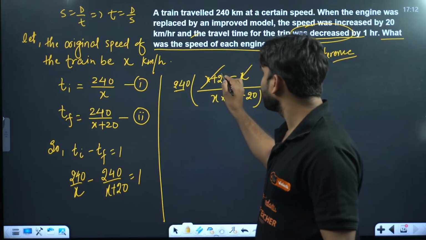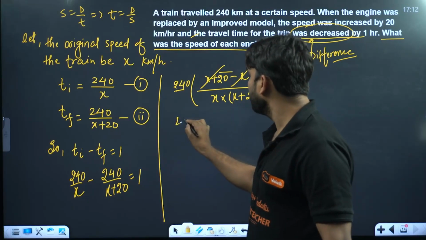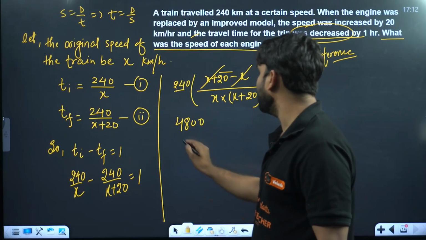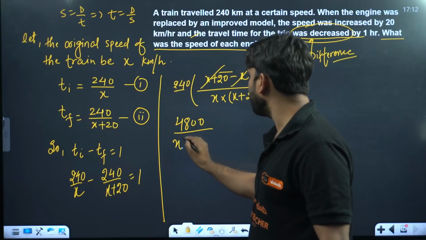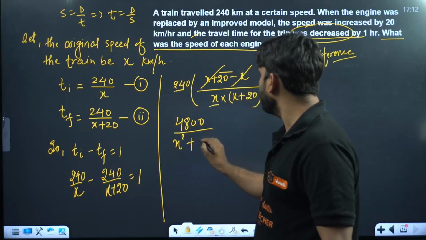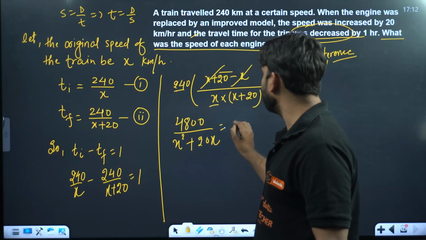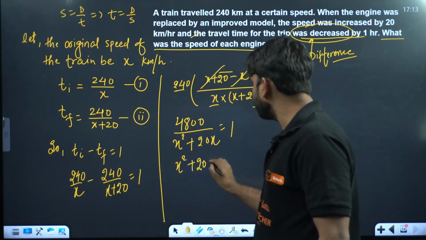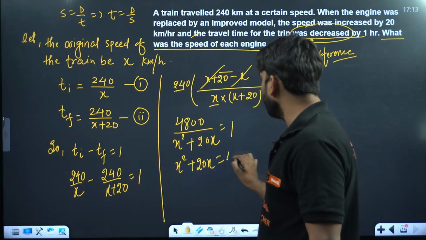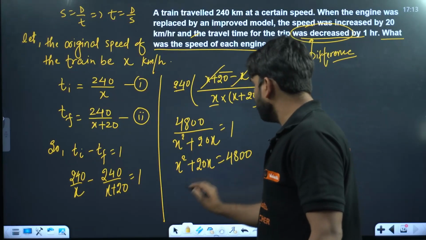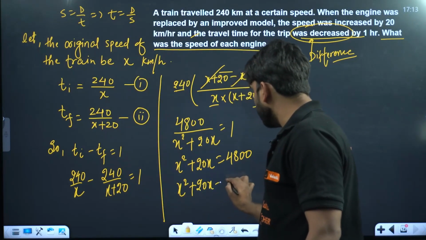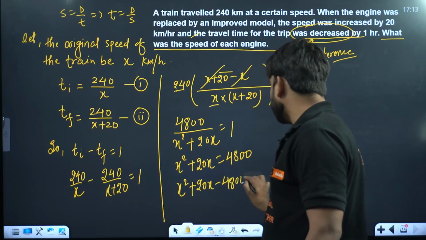So 240 into 20 will be 4800, divided by x square plus 20x is equal to 1. Can we cross multiply? So this will be x square plus 20x is equal to 4800. We can bring 4800 to this side. So this will be minus 4800 is equal to 0.